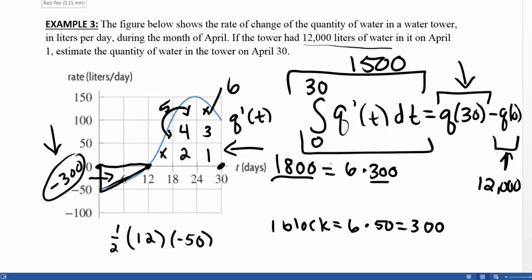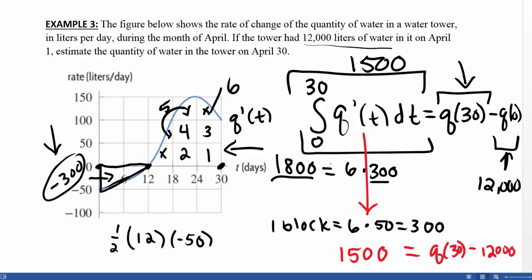So now putting everything together, I'm going to line up my equation here. I have 1,500, which is my integral here, equals Q of 30 minus 12,000.